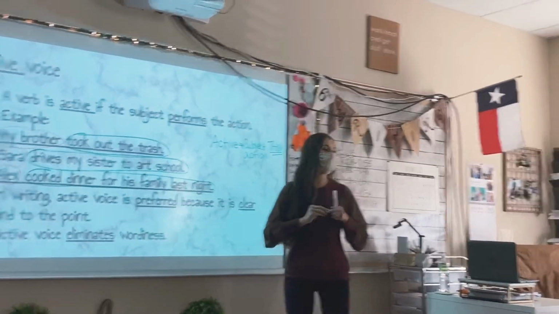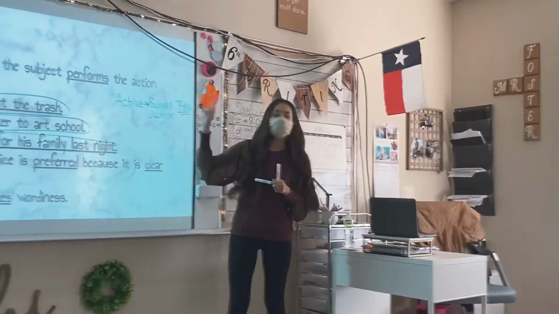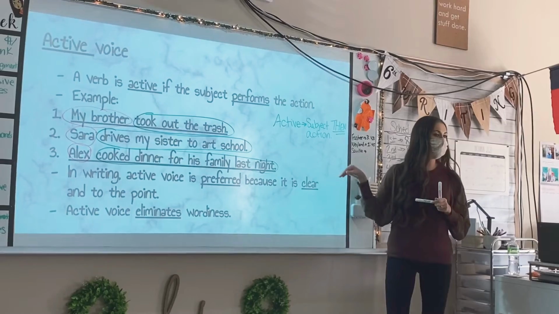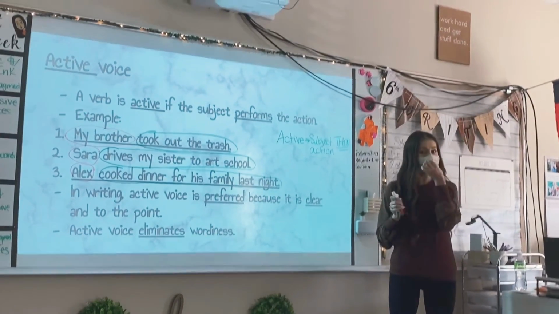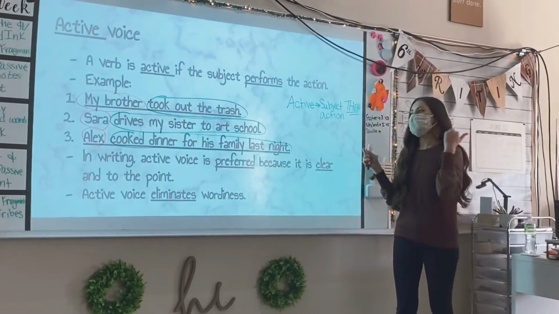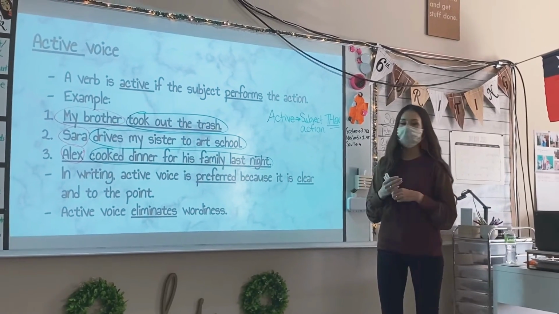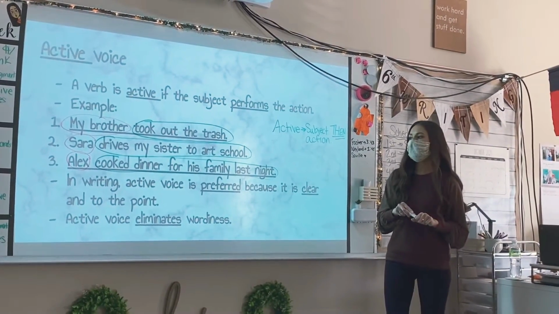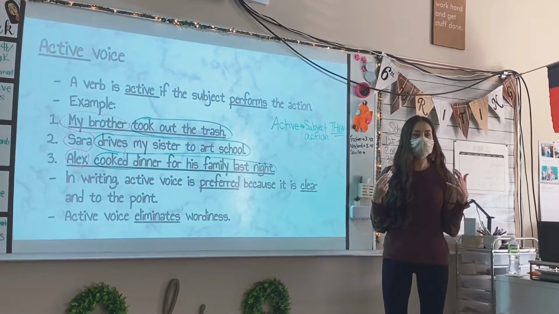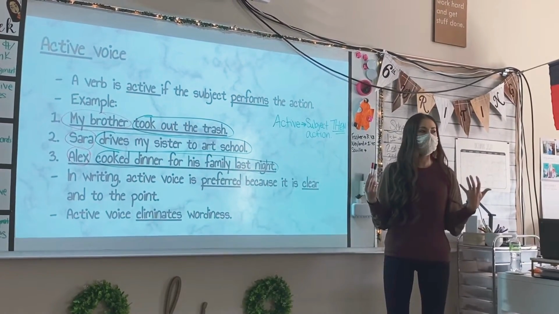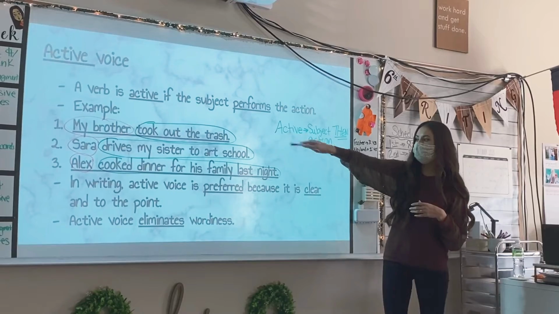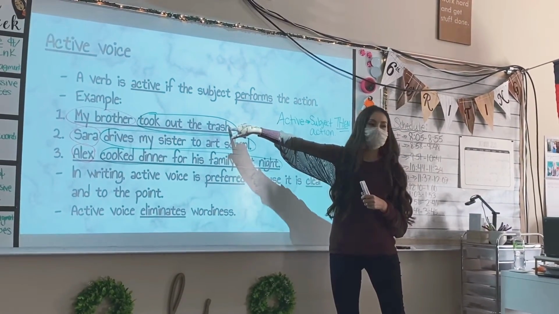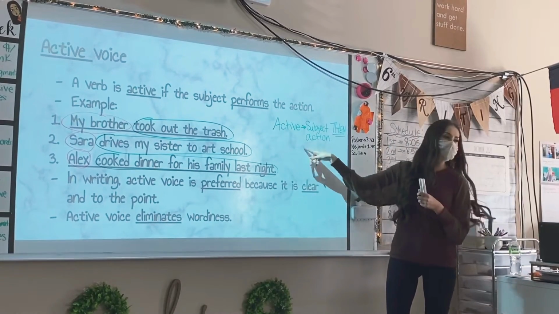So in every single active voice sentence, it's your subject and then it's what they're doing. So when you get your worksheet and it says decide if it's active or passive, the first thing you should ask yourself is, what is my subject and what are they doing? And as soon as you figure that out, if you see that your subject is first and your action's after, then you'll know it's active.